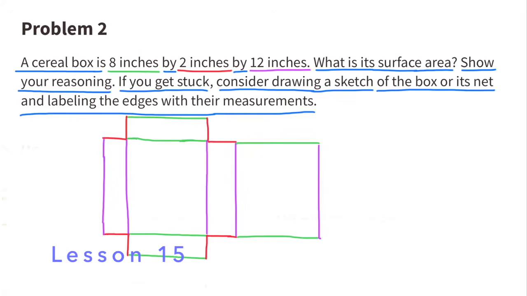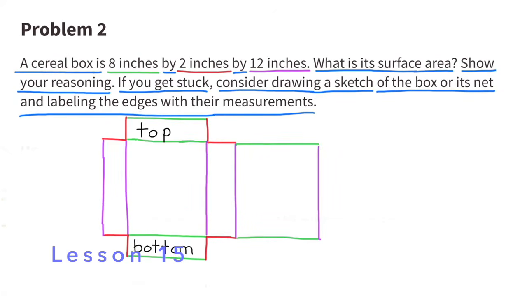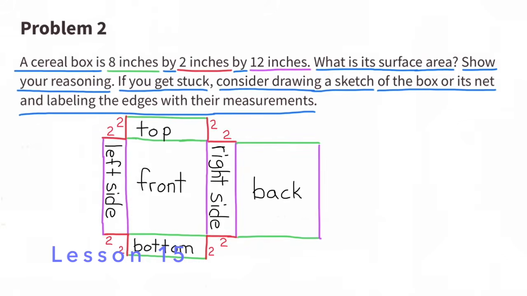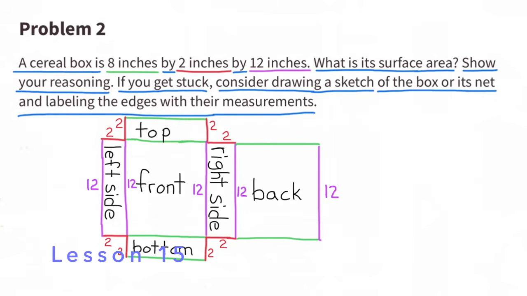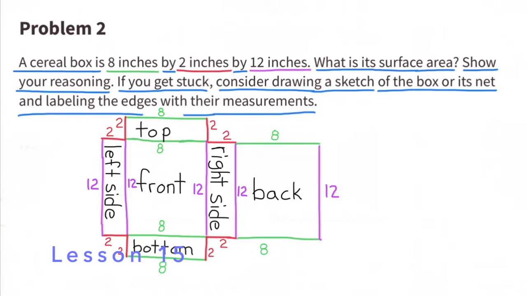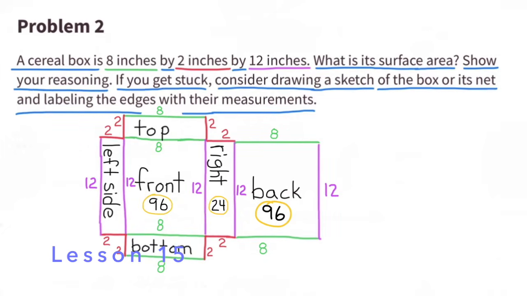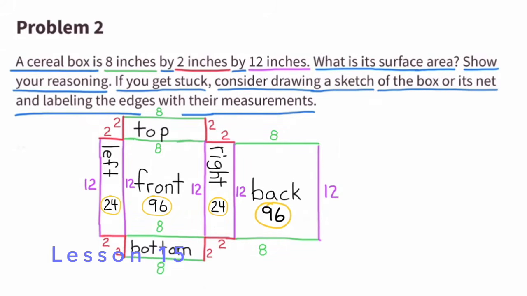I decided to draw its net. Here's the top and the bottom, the right side and the left side, the front and the back. These dimensions are 2 inches by 12 inches and 8 inches by 12 inches. 8 by 12 is 96, so both the back and the front are 96 square inches. 2 by 12 is 24, so both the right and the left are 24 square inches.